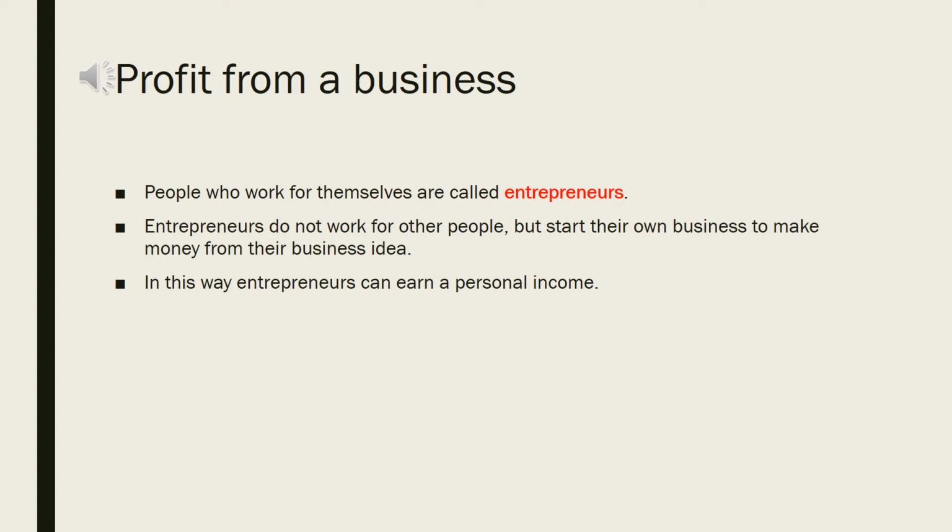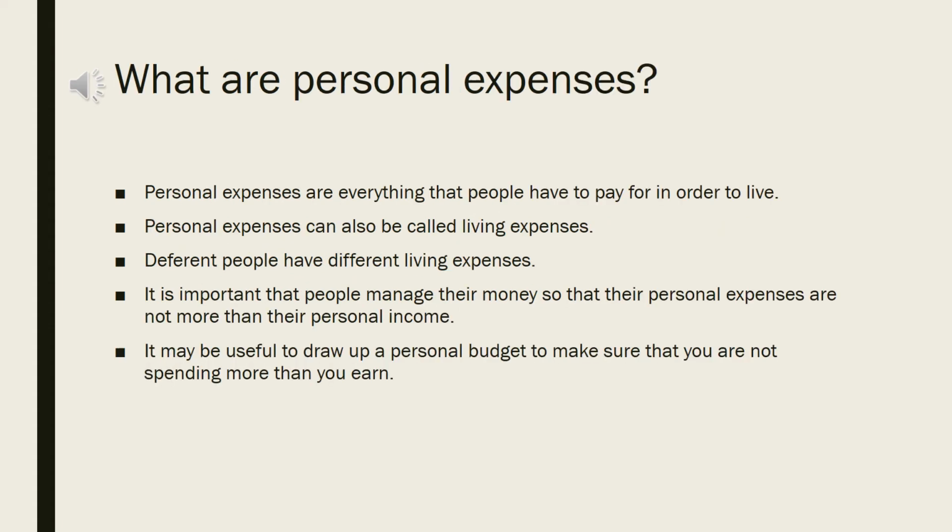Therefore you'll be called an entrepreneur if you have such an establishment and you earn an income from your business. In this way, an entrepreneur can earn what we call a personal income.